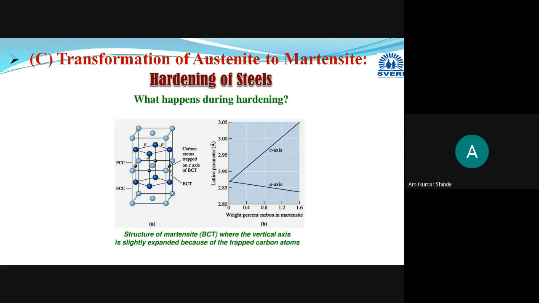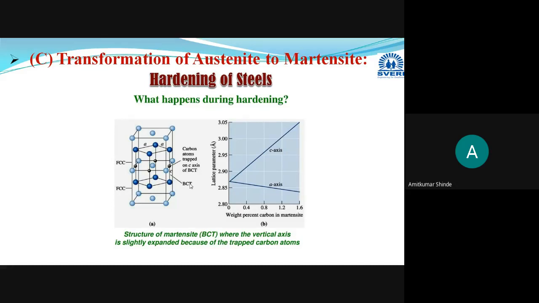During the shear, the vertical axis gets compressed and the two horizontal axes become equal in size, forming the BCT structure. In this way austenite is transformed to martensite whenever you use a very high cooling rate, cooling very fast, and the austenite gets transformed to martensite due to the shear mechanism.